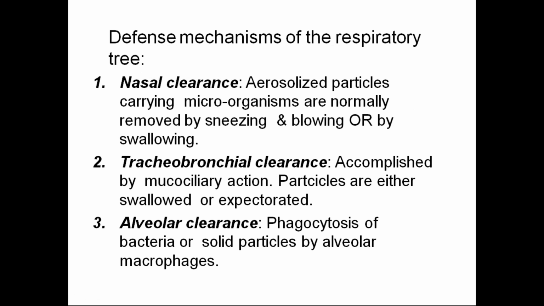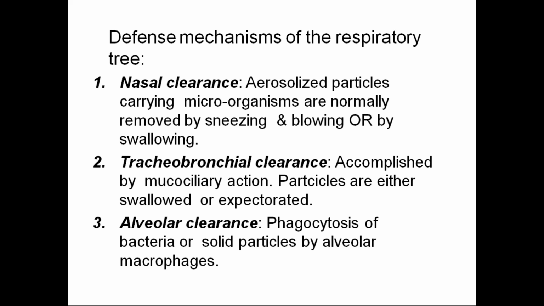Coming to the defense mechanisms of the respiratory tree, the major ones are nasal clearance, tracheobronchial clearance, and alveolar clearance. By all three mechanisms, we usually get the defense. By nasal clearance, the aerosolized particles carrying microorganisms are normally removed by sneezing and blowing or by swallowing.